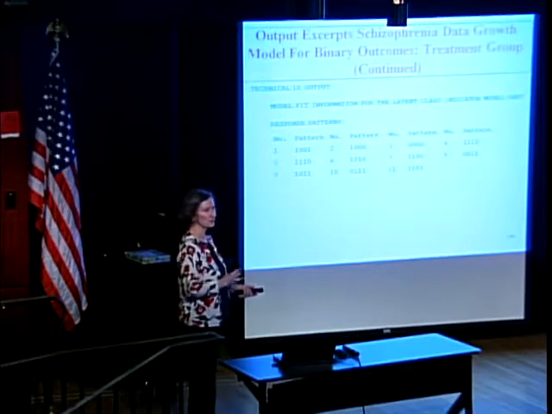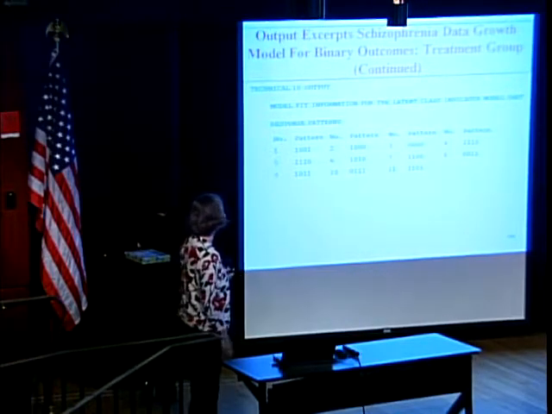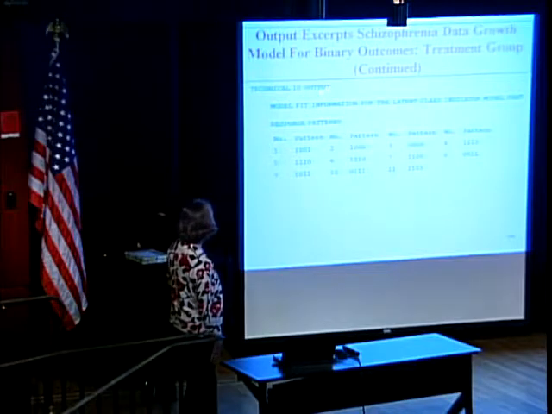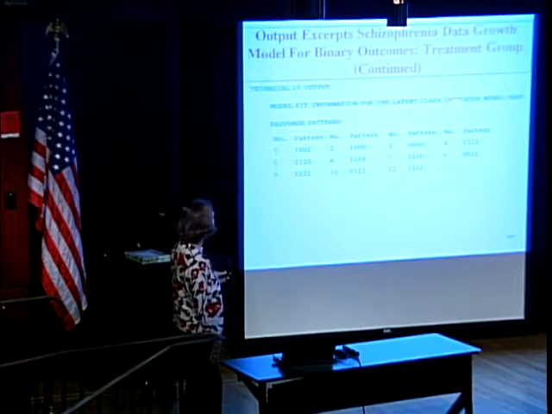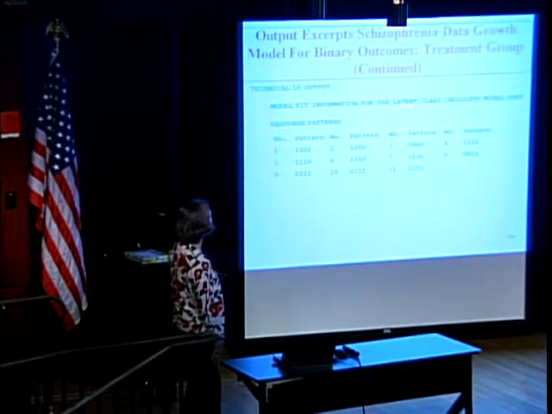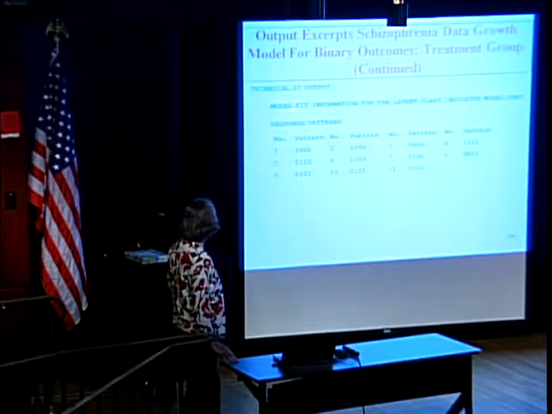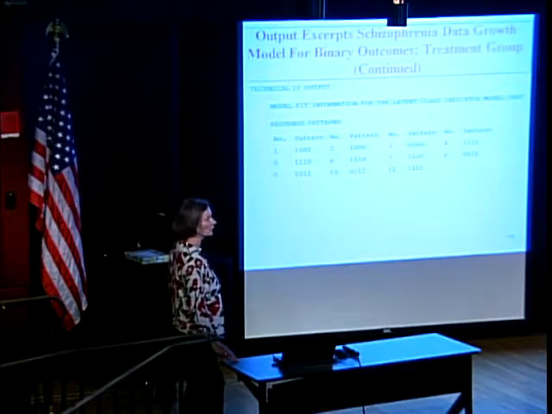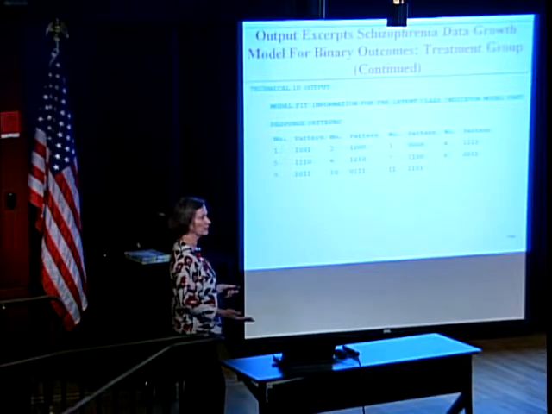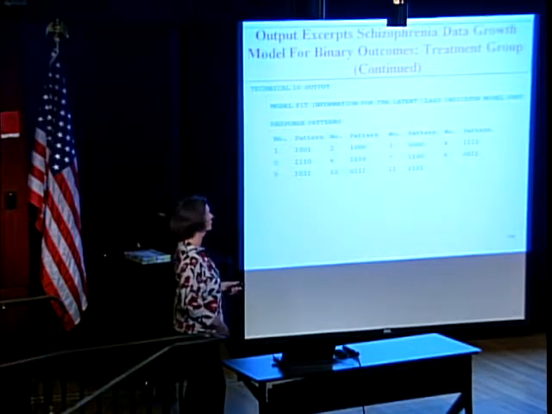All right, well, let me start with the beginning of the output and then go on. So in Tech 10, it's model fit information for the latent class indicator part of the model, because I think we developed it for mixture modeling, but it can be used for non-mixture modeling. And first, the response patterns. So what are those? So we have 4 variables, and they're binary. They can take on a value of 0 or 1.